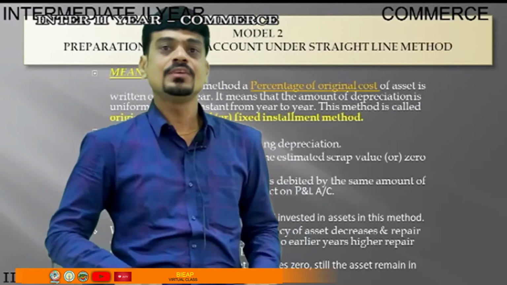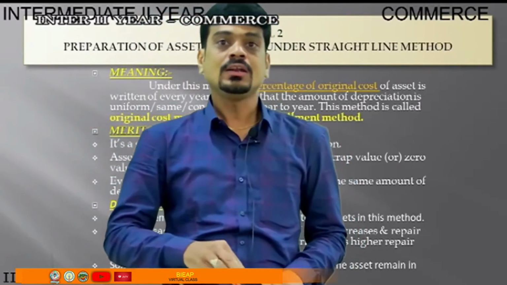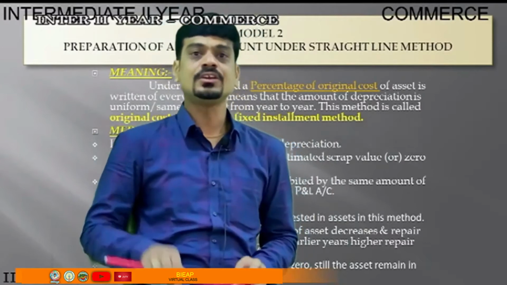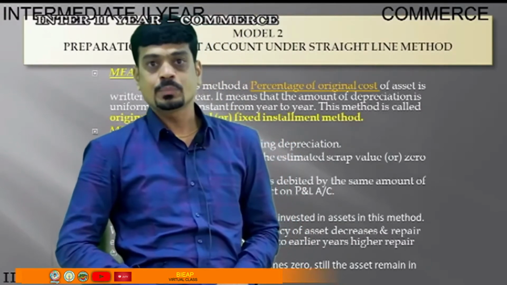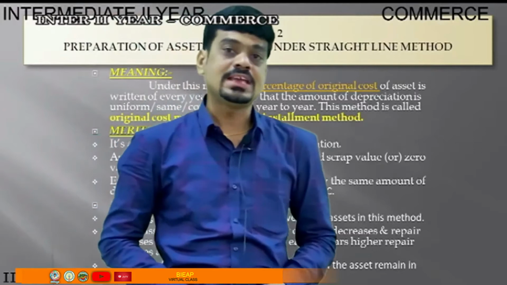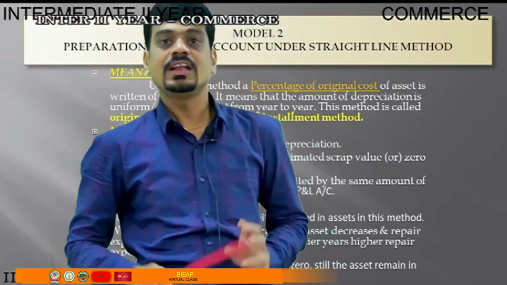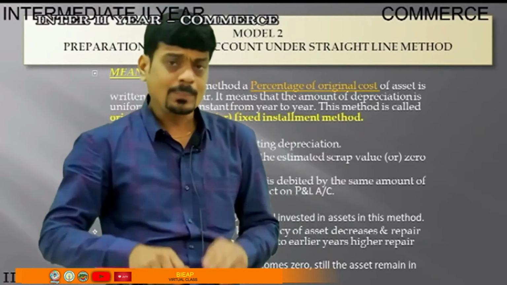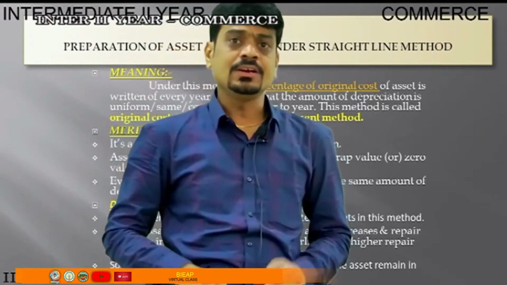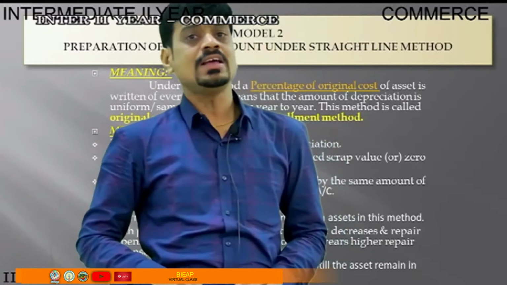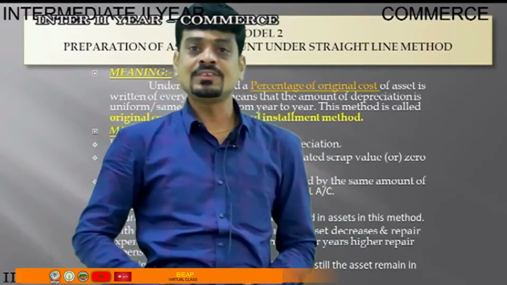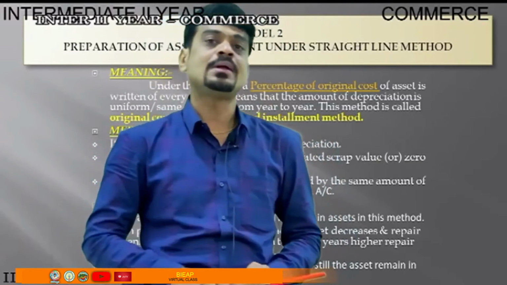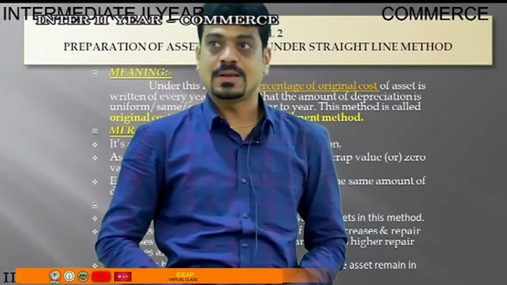So today, we are going to focus on the basic two methods which are prescribed by Board of Intermediate for your syllabus. Among the different methods I gave you in the first session, like straight line method, diminishing balance method, annuity method, insurance policy method and so on, for our syllabus we are given only two methods, that is straight line method and diminishing balance method.